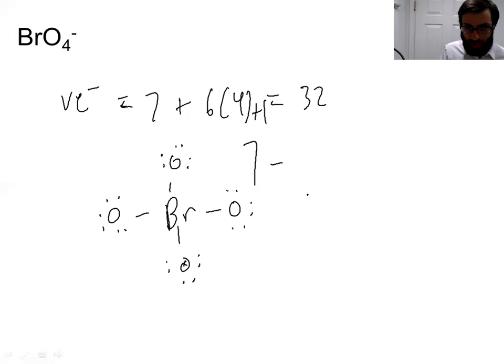Now we just need to do steric number. Steric number, remember, is number of lone pairs on the central atom plus the number of bonding sites. So there's 1, 2, 3, 4 bonding sites. There's no lone pairs on the central atom. Steric number 4, that's going to get us a steric geometry of tetrahedral.